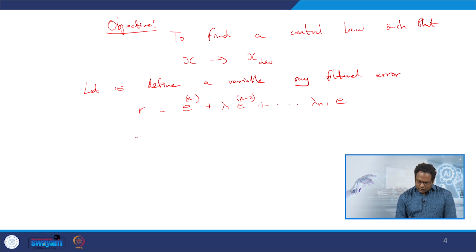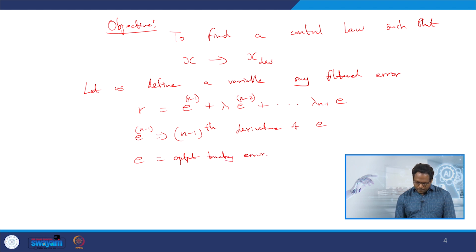Here, e power n minus 1 is nothing but the n minus 1th derivative of the tracking error e, and e is nothing but the output tracking error, that is given by e equal to y desired minus y, desired output minus actual output of the system.